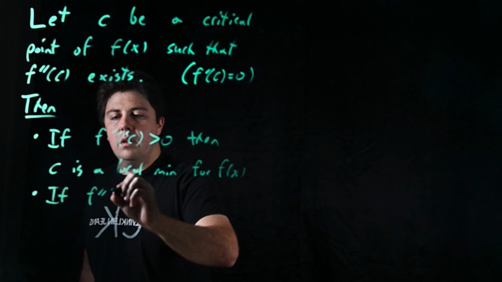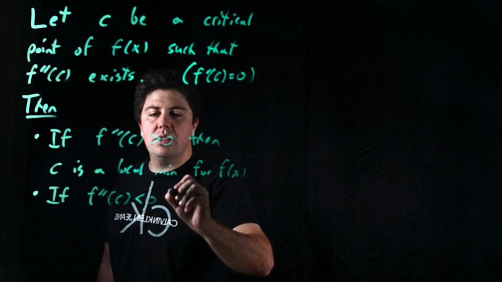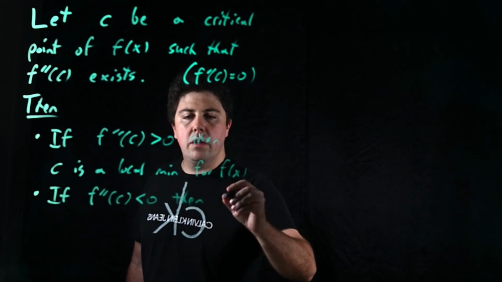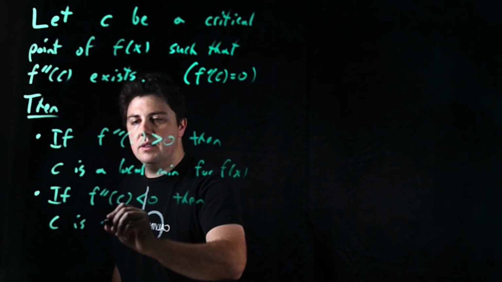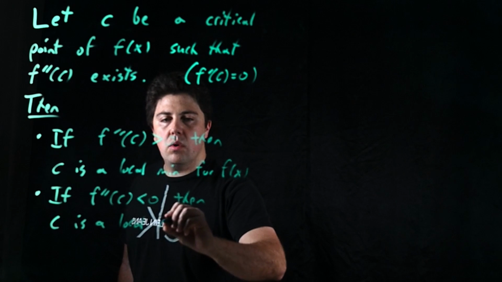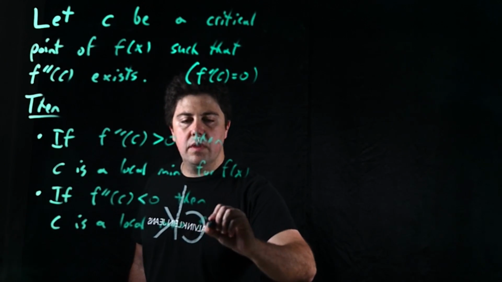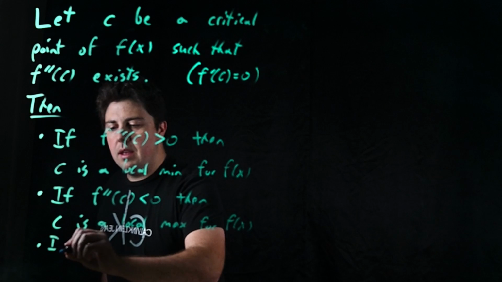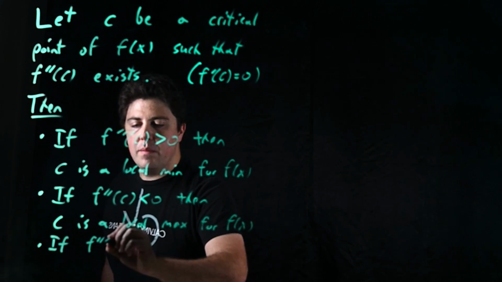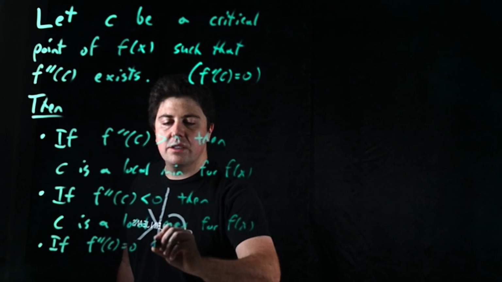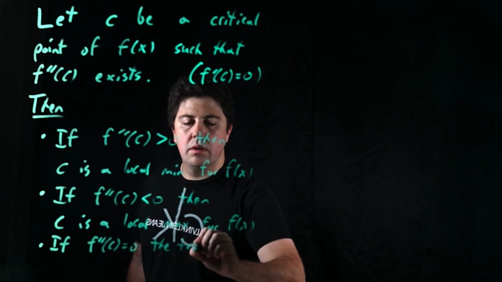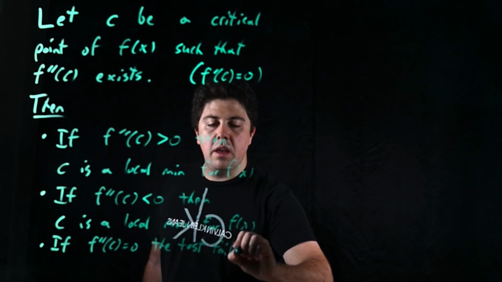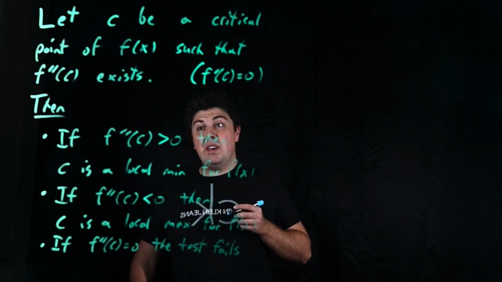If f prime prime of c is less than 0, then c is a local maximum for f at x. And if f prime prime of c is equal to 0, the test fails. And what do I mean by the test fails? I mean that we don't know.